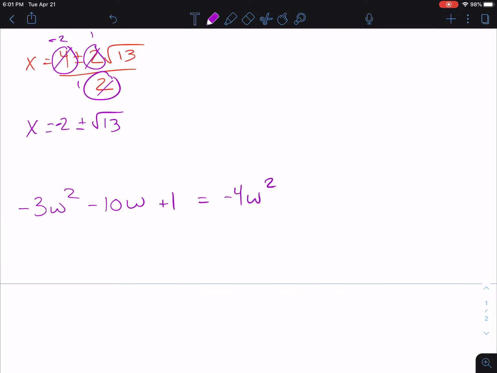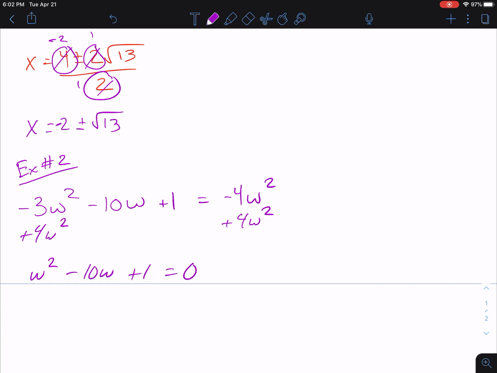Okay, so when we're going to solve this problem here, it's not set equal to 0. So that's the very first thing that we need to do. This is example number 2. So we're going to add 4w squared over, and we're going to get w squared minus 10w plus 1 equals 0.